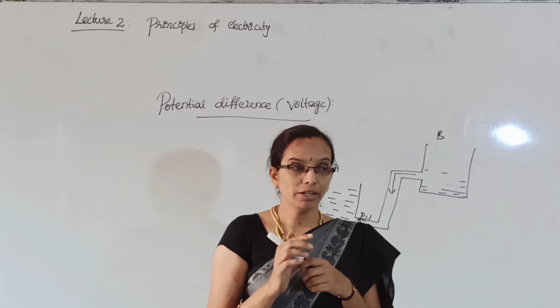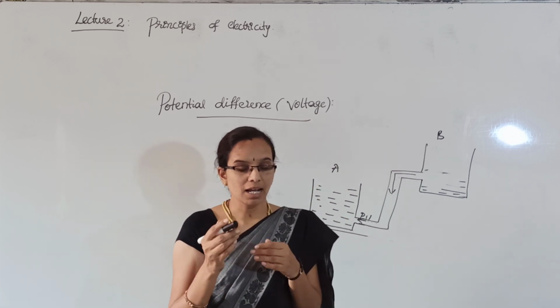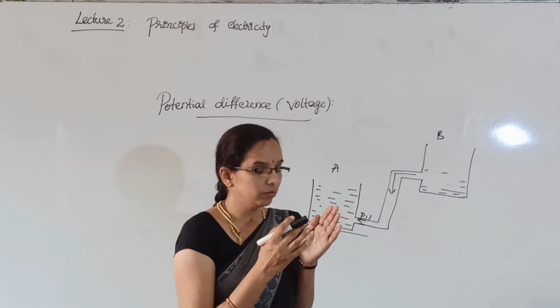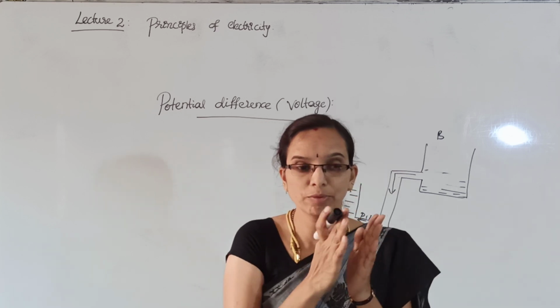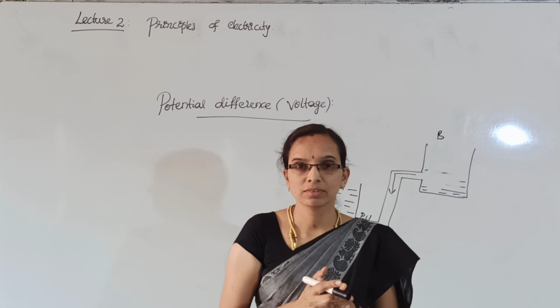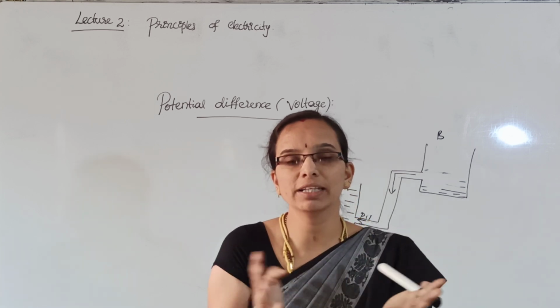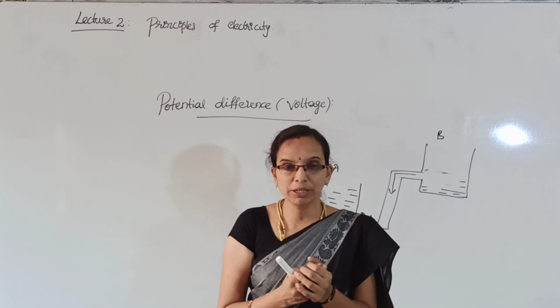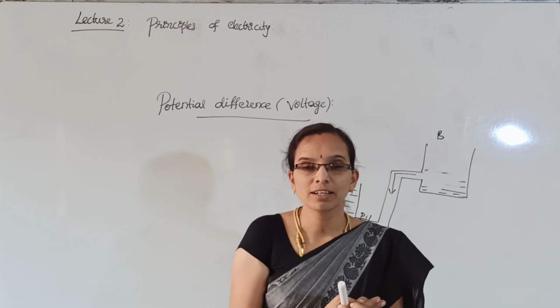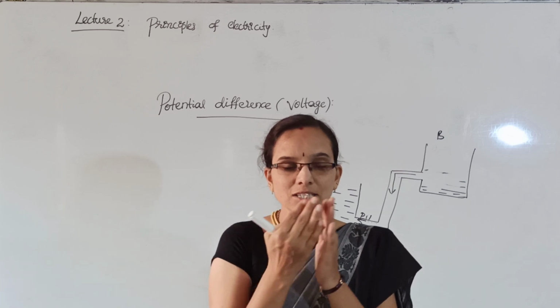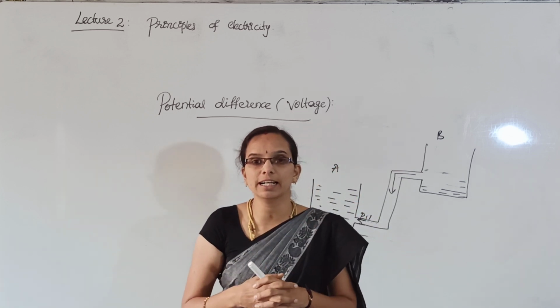Therefore, if you want charges to be moved from one point to another, it will not simply move like that. Some work should be done to make the charges flow in the conductor.